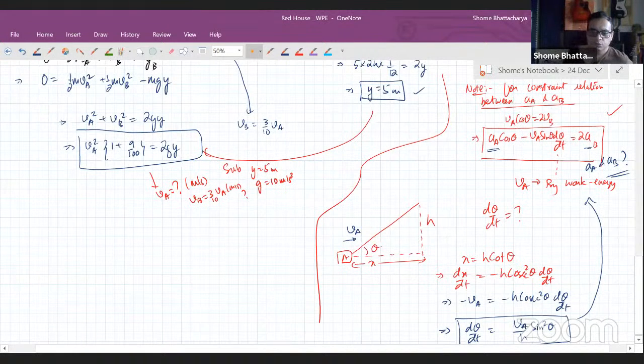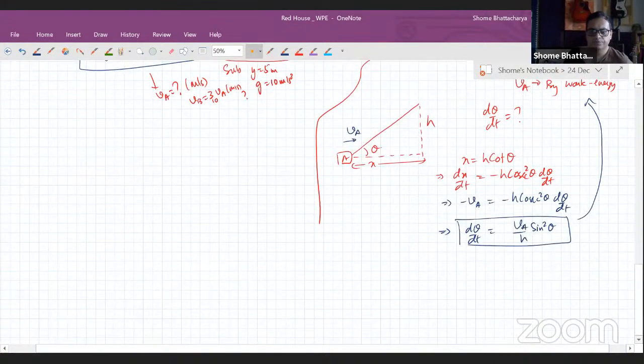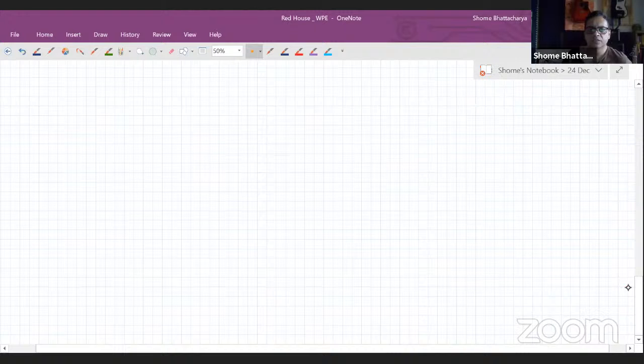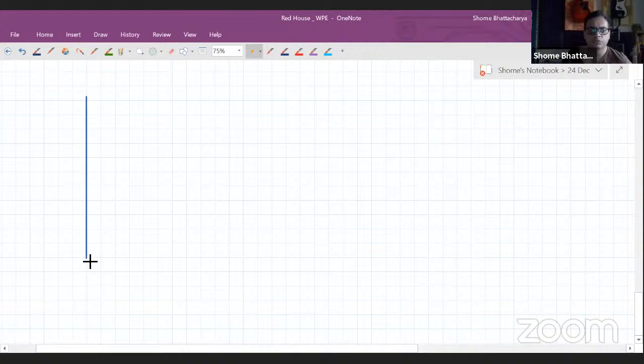Okay, anyhow, so we will do one more interesting question to do with this type of constraint relation in work energy, and then we will come back to some more basic things again. So we have quite a few things yet to cover in work energy. For example, we haven't even seen the application of power yet, the definition of power.